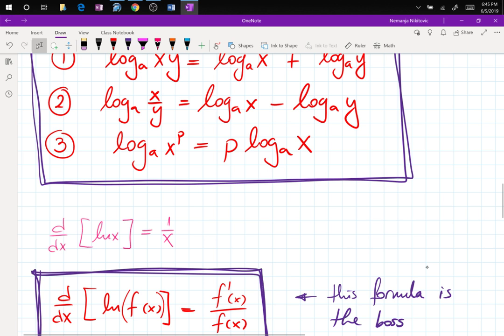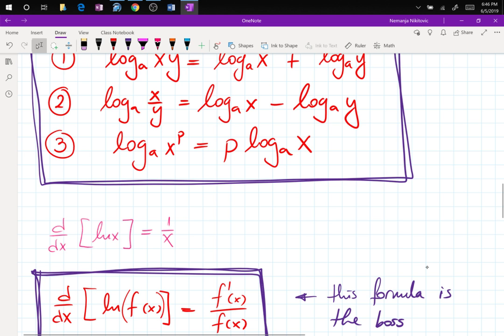And as I said, the more complicated it is, you don't care, because the first three rules are turning all of the chain rules and all of the product rules and quotient rules into basic additions and subtractions. And then each one of those individually would be a single ln derivative, which is solved by the bottom equation when you take the derivative.